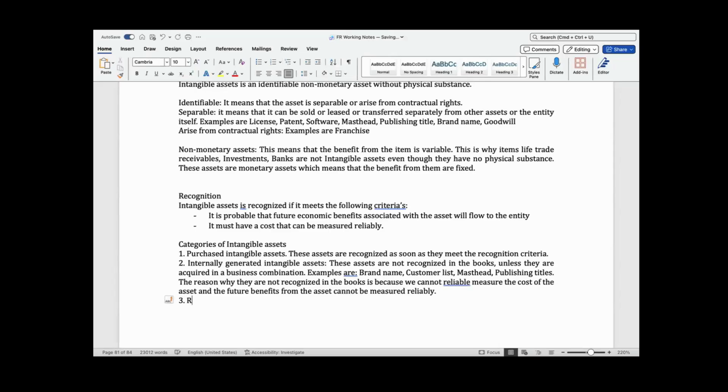Another one is research and development. For research and development, they are also internally generated intangible assets, okay.